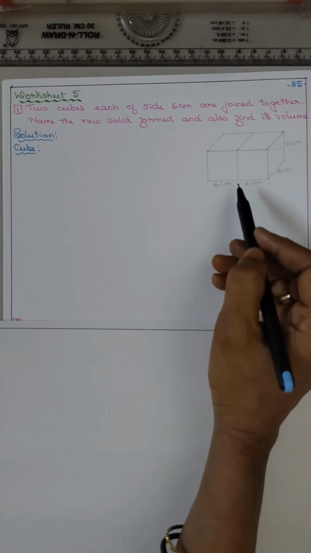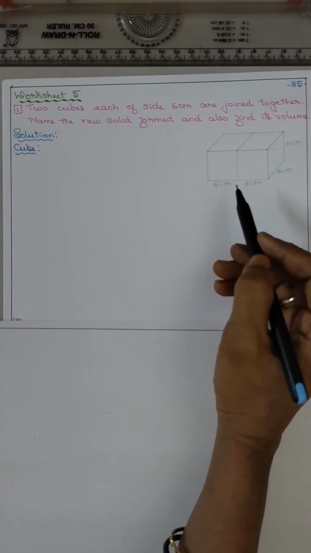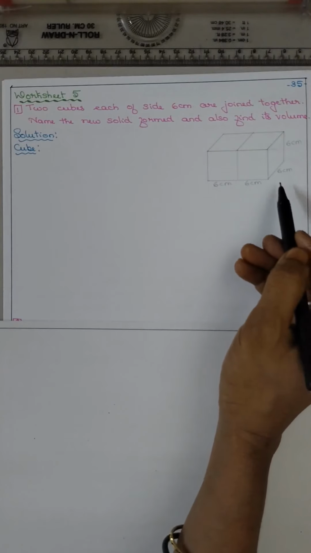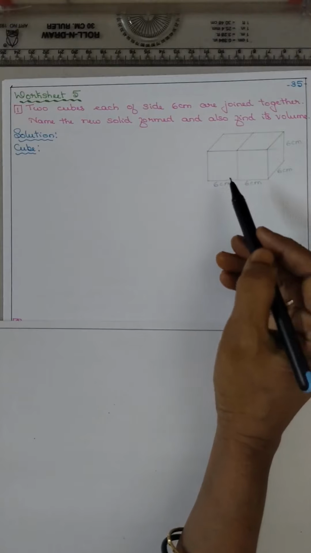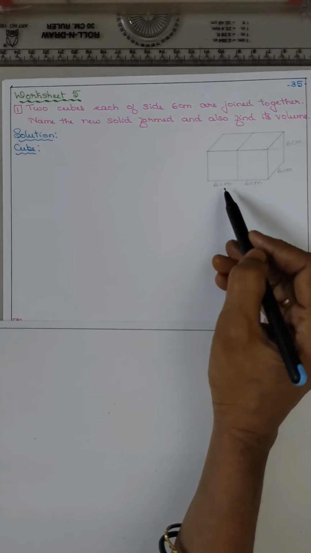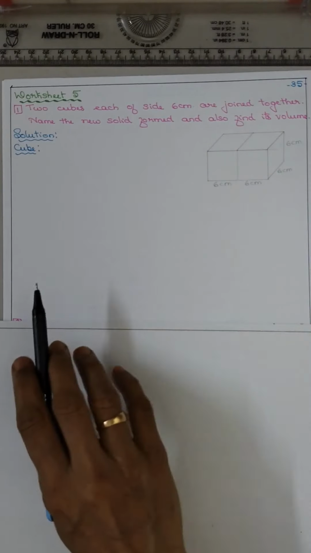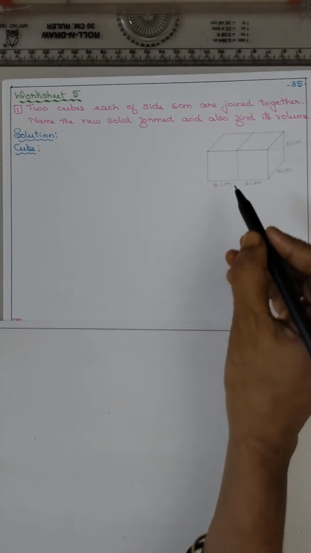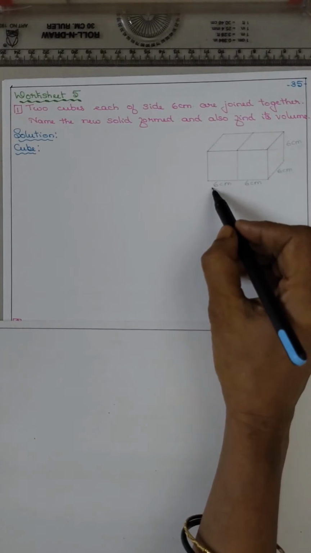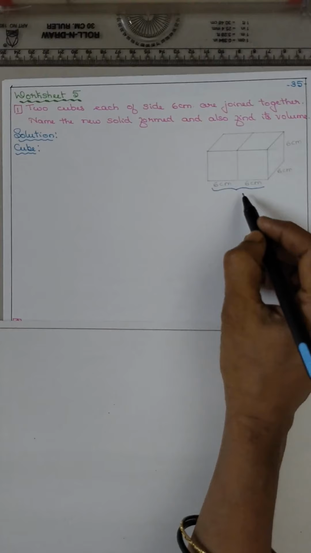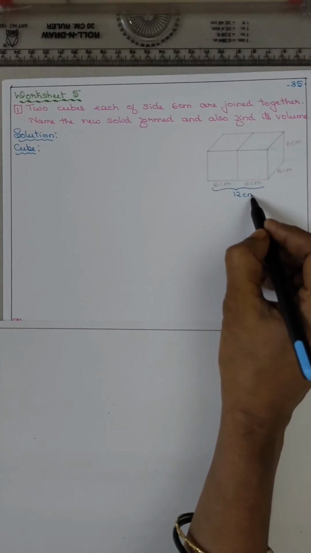Now, the cuboid का लेंथ कितना, ब्रेथ कितना, हाइट कितना? क्यूब का साइड 6 सेंटीमीटर था, लेकिन अभी इसका लेंथ कितना बनेगा टोटल? 6 plus 6, it becomes how much? It is 12 centimeter.